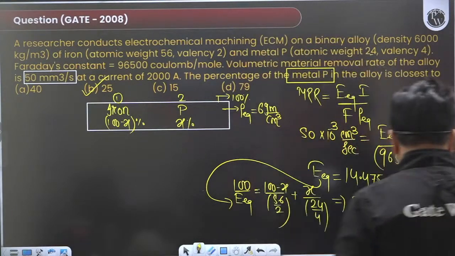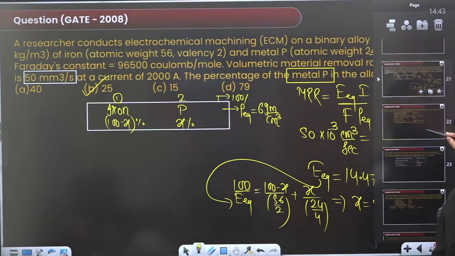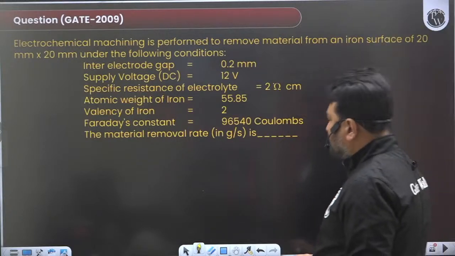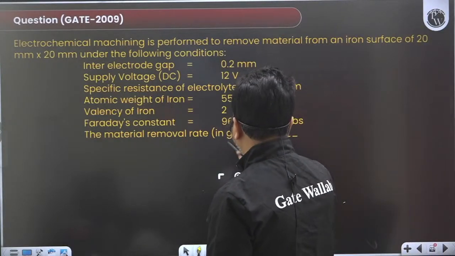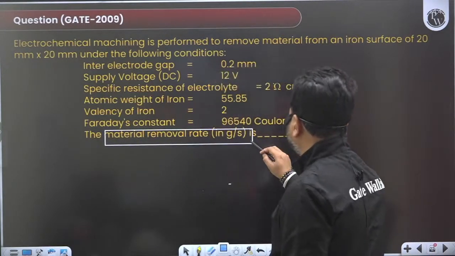Now next question. Here, electrochemical machining, we need to find the material removal rate.